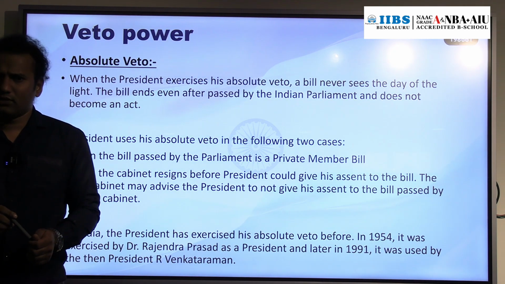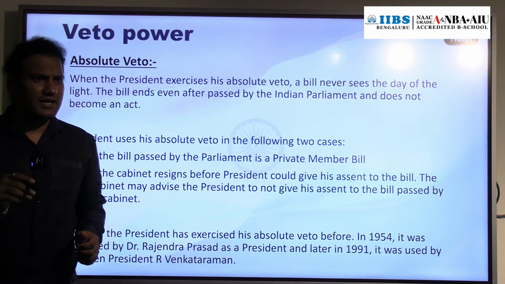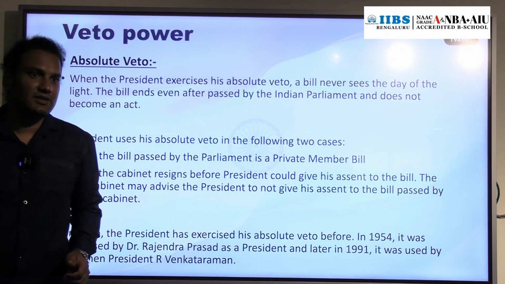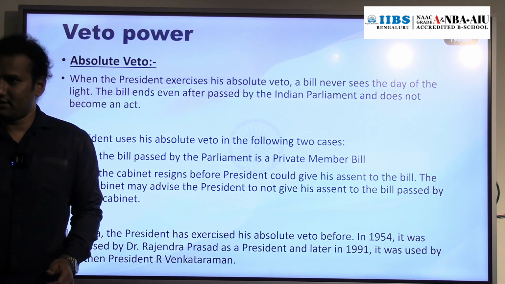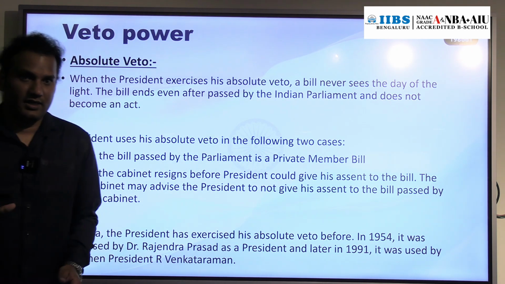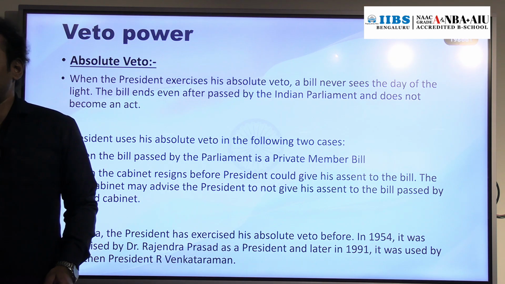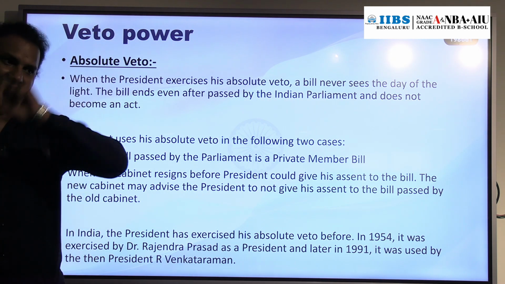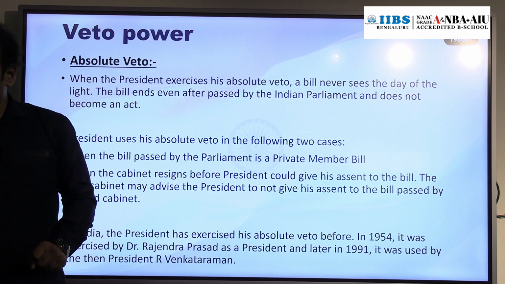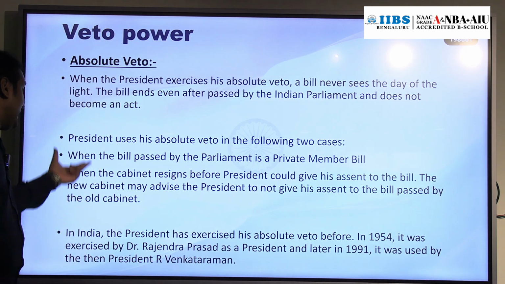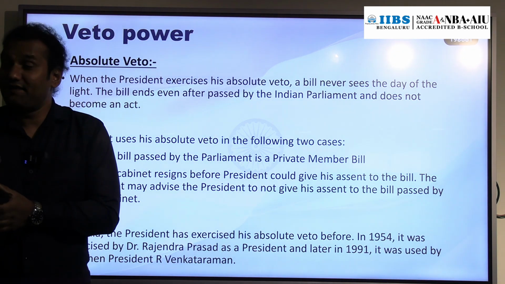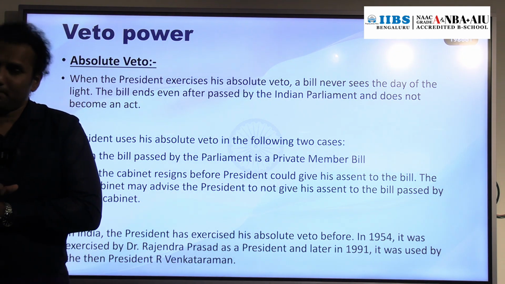Now the question: can the president use his absolute veto power on any bill or each and every bill? No, there is no such thing. This is very, very important. The president can exercise his or her absolute veto only in two cases. What are those cases? The first is if a bill is introduced by a private member.